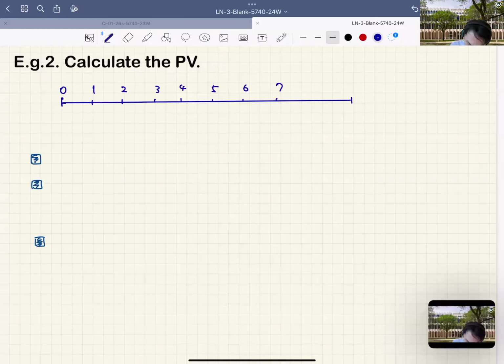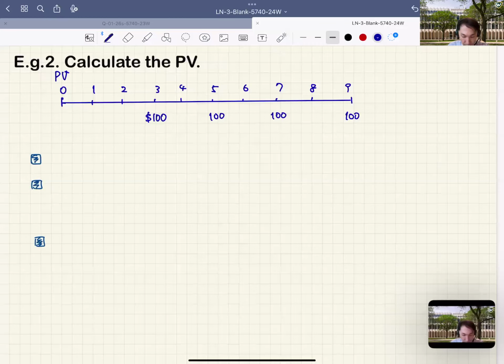The cash flow is $100 at time 3, $100 at time 5, 7, and 9, but no other points. And we want to evaluate the cash flow at time 0, the present value.